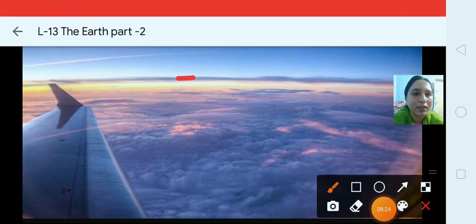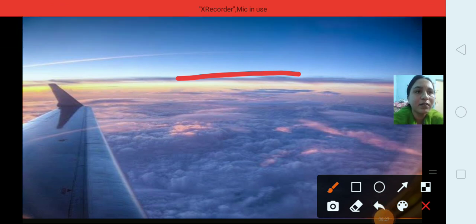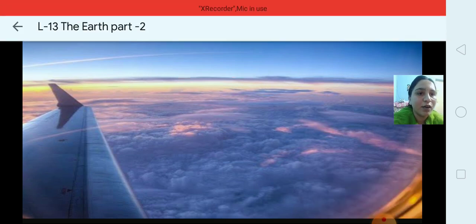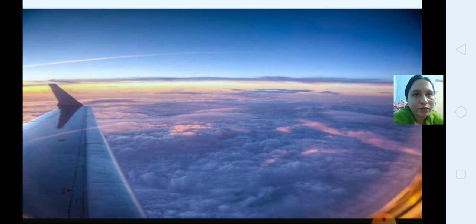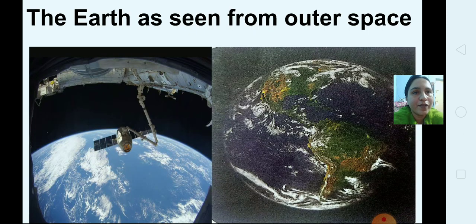If you sit in an aeroplane and look down, you can see some sort of curve. Or if you look from an air balloon, it looks much curvier. As the height increases, the surface of the earth looks more curvy.